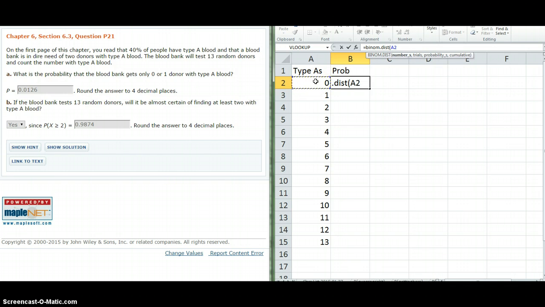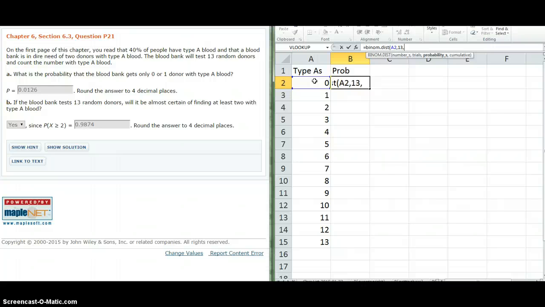So this is the formula, the probability of getting 0 type A's, and we're going to move down from there. So whatever number is here will be my number of type A's. Number of total trials will be 13, because I'm having 13 selections from the random pool of people.